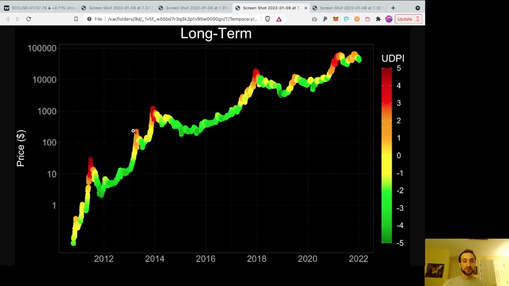There was this first peak followed by a very significant drawdown, and during that drawdown, the risk moved all the way from above +2 down below -2, which preceded the next run up, which was even more parabolic, even more impressive, and the price became even more overextended, moving into this deep red territory, approaching +5. So that was a double peak cycle.